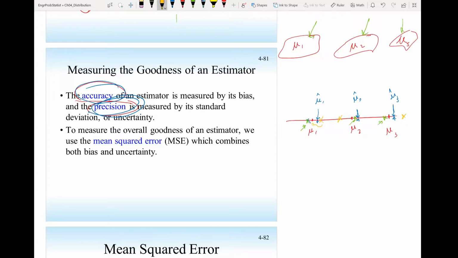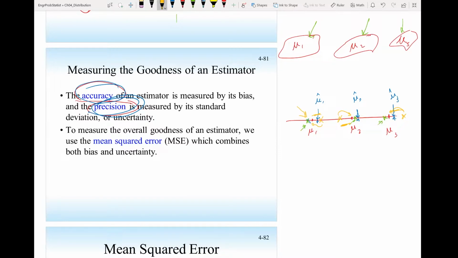Definitely the algorithm represented by the orange has poor precision because the difference is huge. Sometimes more by a little, sometimes less by a lot, sometimes more by more than the actual value. Then we say it's not precise like the green estimator.